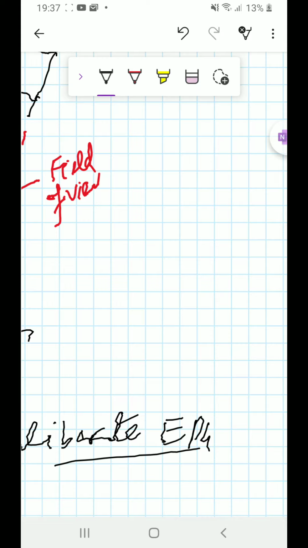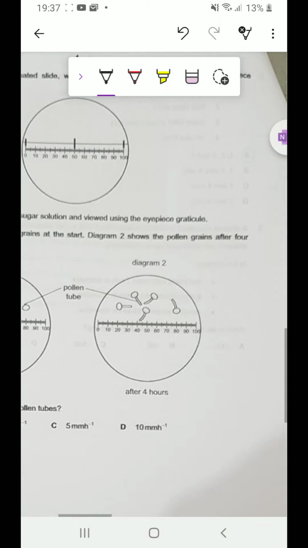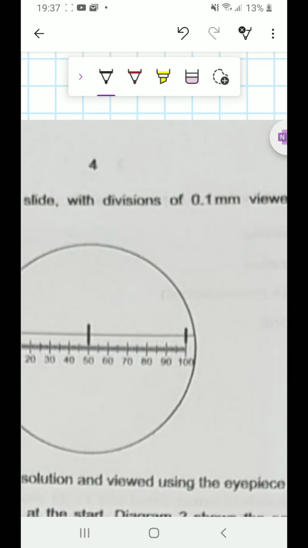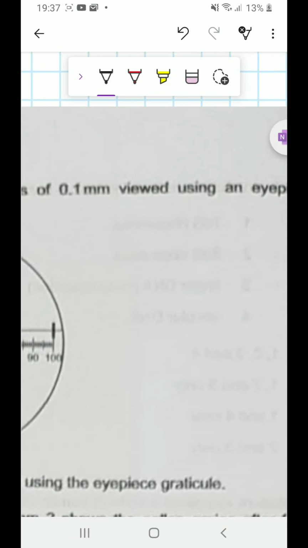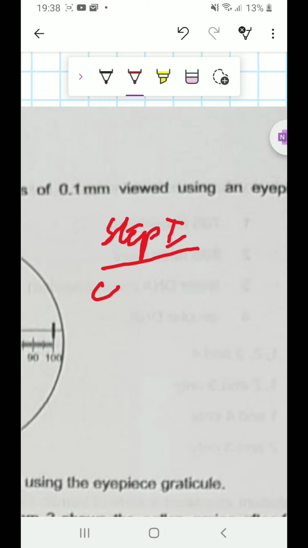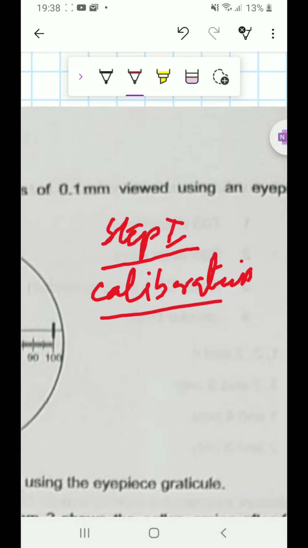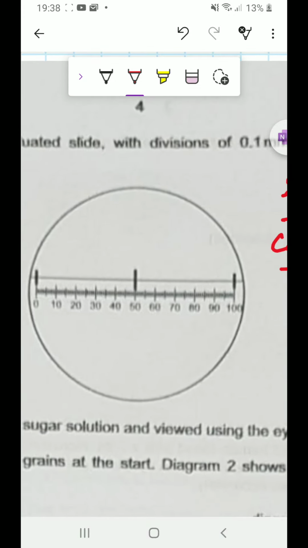So the first step is the use of an SM to calibrate an EPG. Let's see in this question. Step one is calibration of an EPG. To calibrate an EPG, look at this field of view given, in which we have both an SM and an EPG.